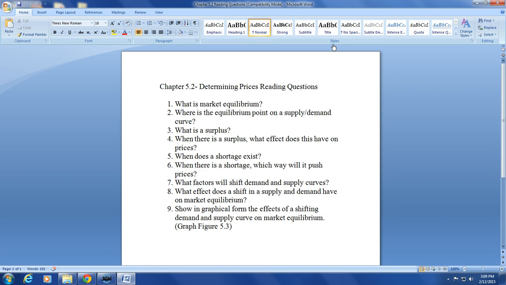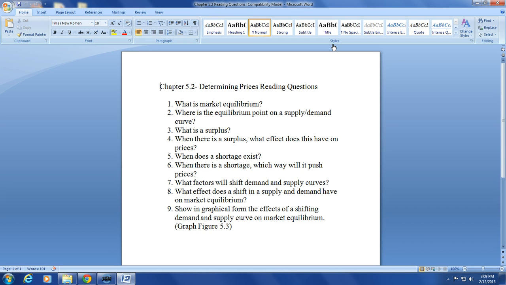So if you look above the definition at figure 5.2, you can see a supply and demand curve there for tennis shoes. You have an equilibrium price of $60 and an equilibrium quantity of 90,000. Now let's take a look at where you have a surplus. Actually, any price above that equilibrium point is going to have a surplus.